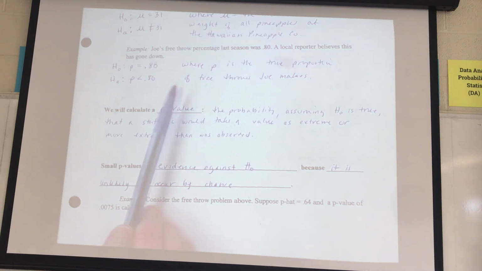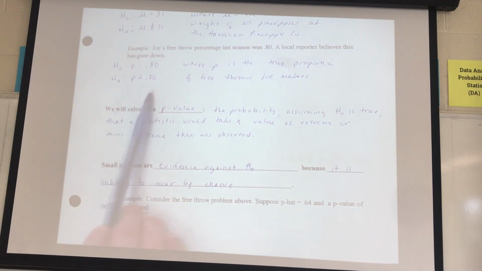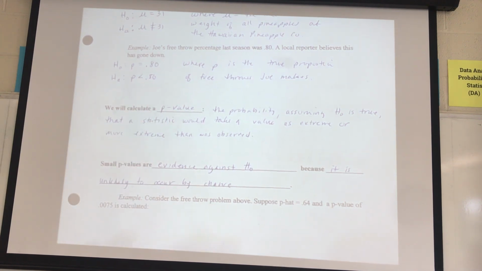So remember that p is your population parameter for the proportion. P-hat, it's impossible to find the little hat mark on Google Docs, so I wrote hat, but it's that p-hat that we've talked about before. That's your sample statistic. And then there's this p-value. Okay, there are three different things. So the p-value is 0.0075.